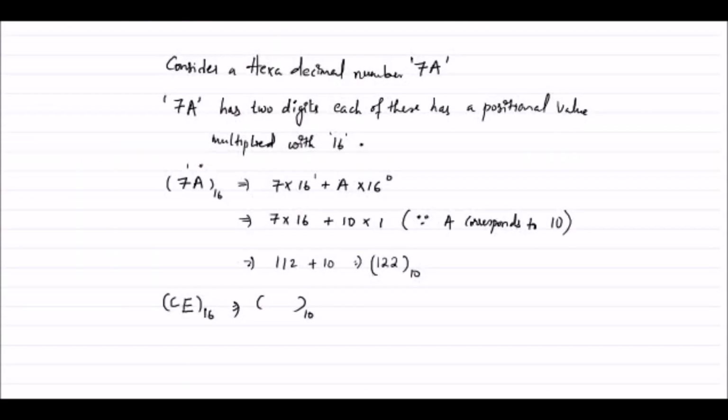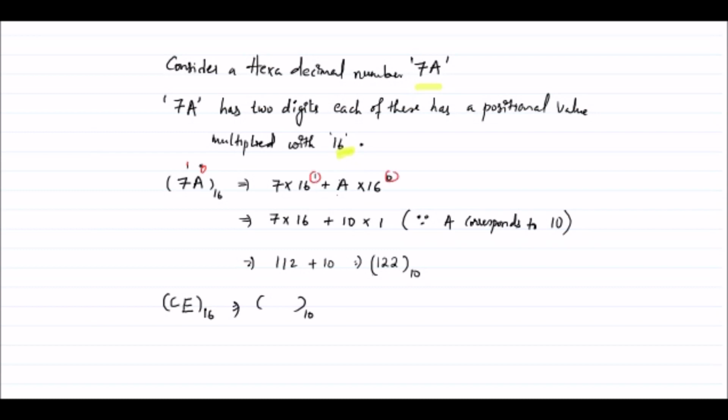So let us consider an example of a hexadecimal number. As you can see, the number is 7A. This 7A is a 2-digit hexadecimal number. In this, each digit is a multiple of a power of 16. As you can see, I have written 0 and 1 on top of it, so these power values go on top of the 16.